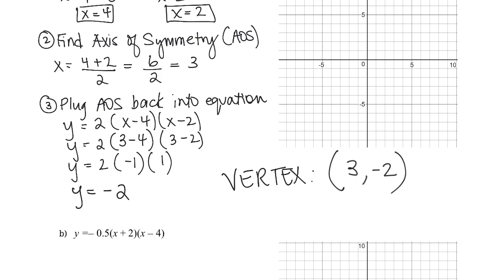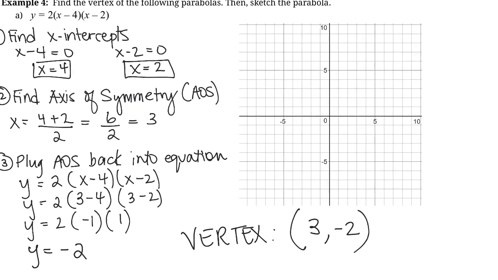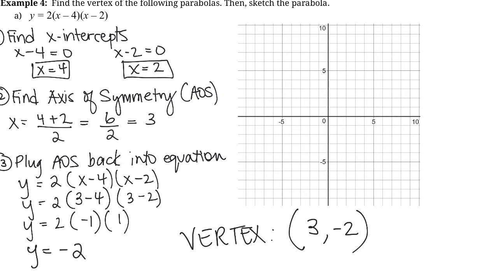In order to make a very rough sketch of your parabola, you are going to put down 3 points. So you are going to plot your two x-intercepts, and you are going to plot your vertex point. So I have an x-intercept at positive 4. I have an x-intercept at positive 2.